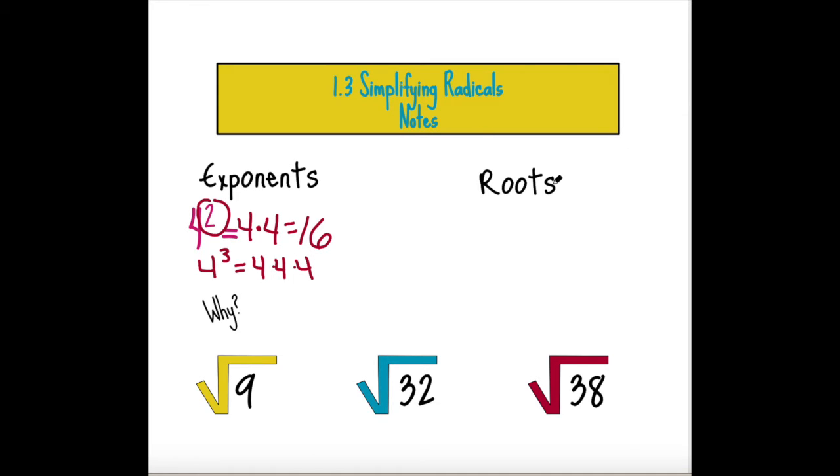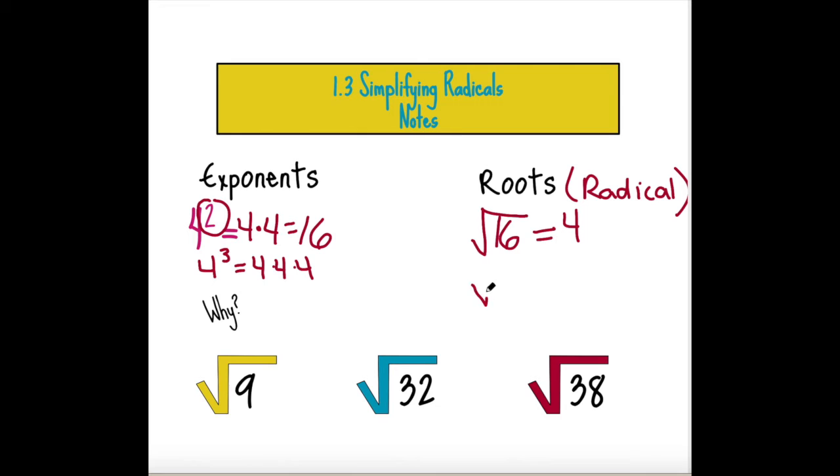So a root, or a radical, is a function that we use to think about how to go in reverse. For instance, if I gave you the number 16 and asked you what is the square root, I'm asking what number times itself would give us 16, which would be 4.